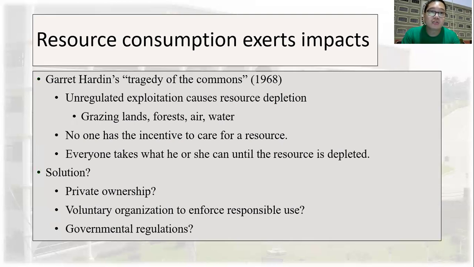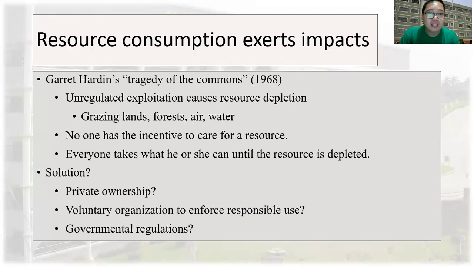Next, we have resource consumption exerts impact. From Garrett Hardin's Tragedy of the Commons, unregulated exploitation causes resource depletion. So if the exploitation of natural resources is not controlled, we will have no resources to gather.